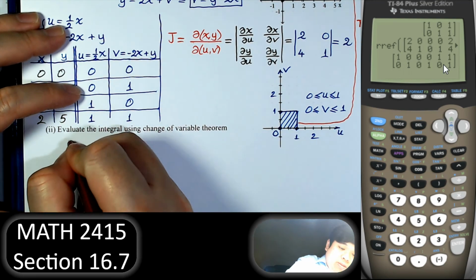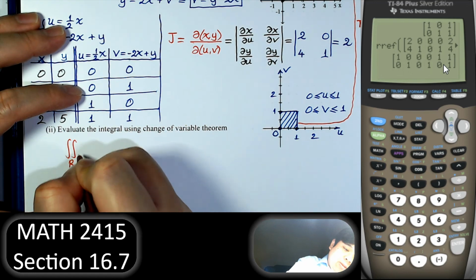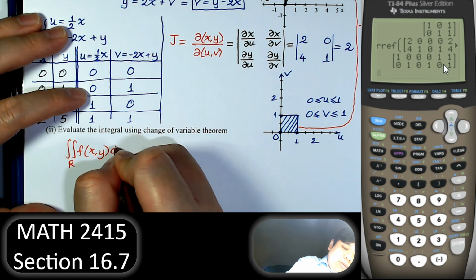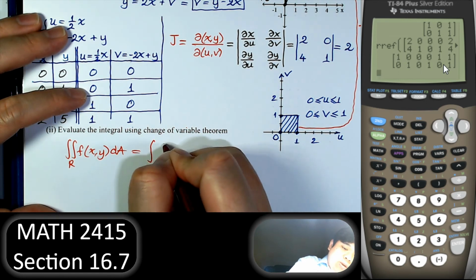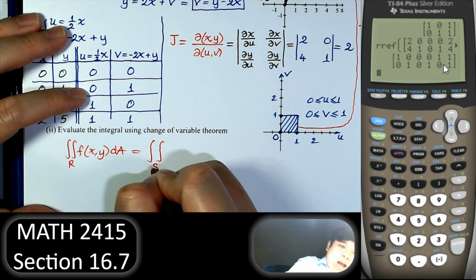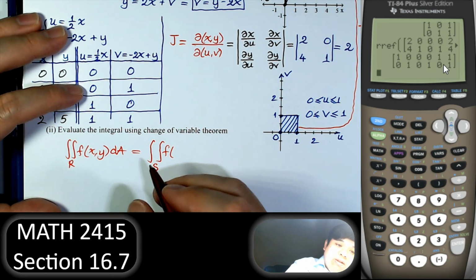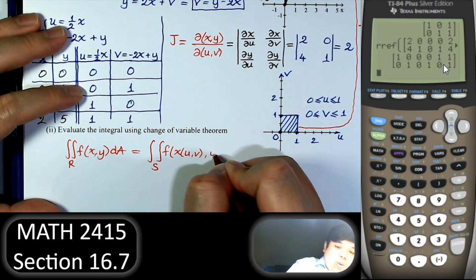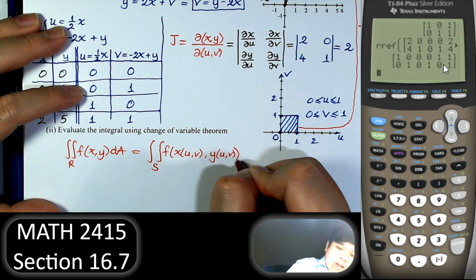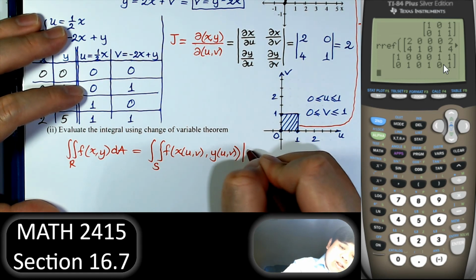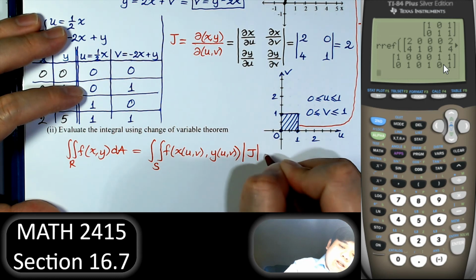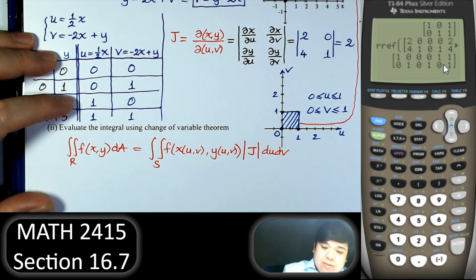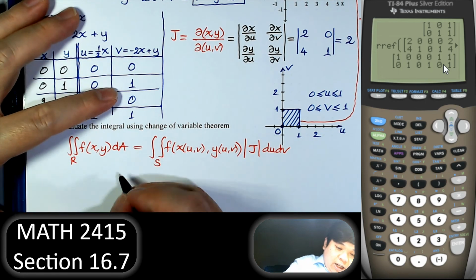Now, the change of variable theorem: the function in terms of x, y, dA is equal to, now we change this back to S, the function given in terms of u and v, x in terms of u and v, y in terms of u and v, and then the Jacobian absolute value in terms of the other variables u and v.